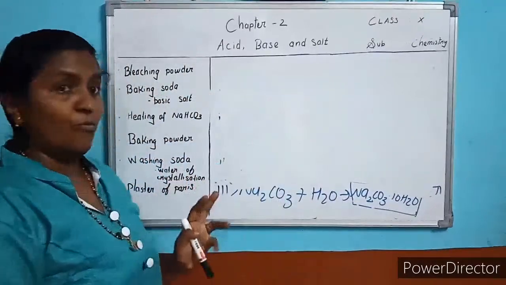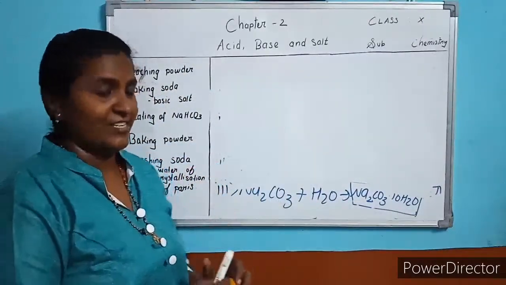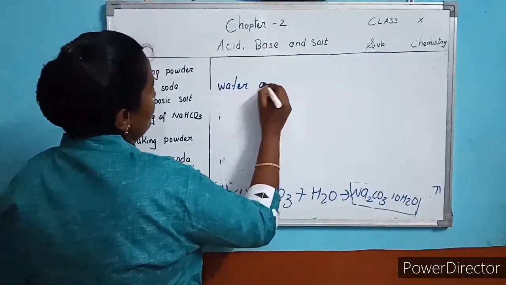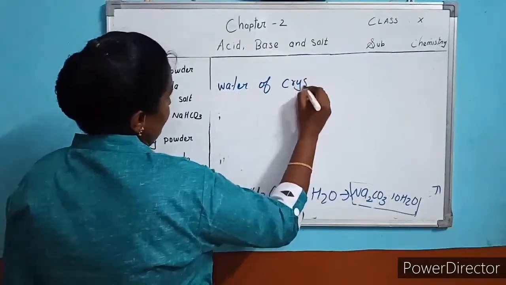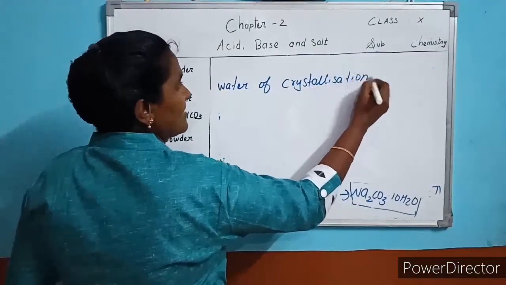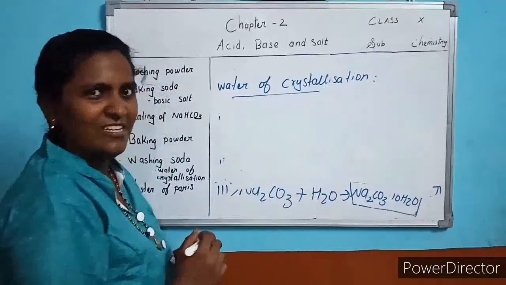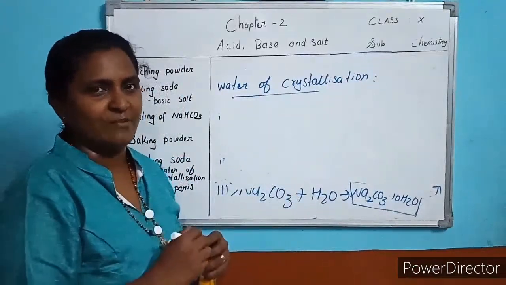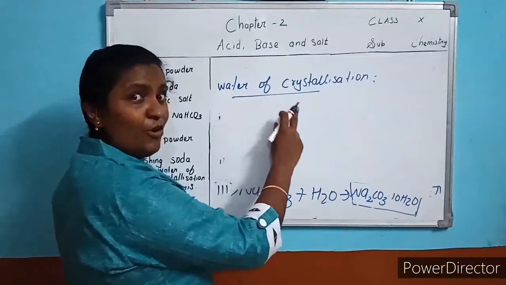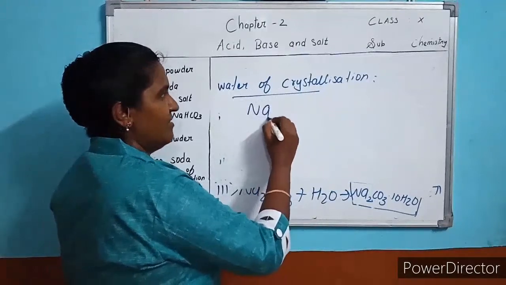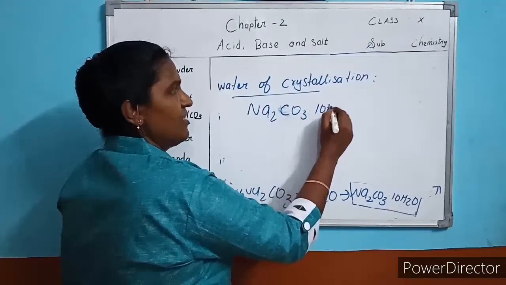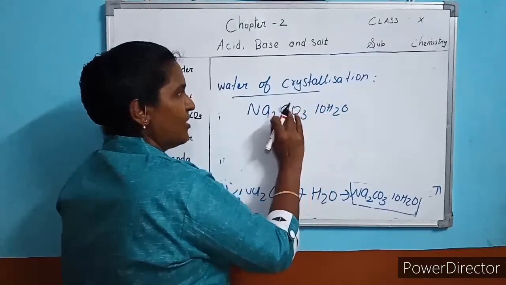Let's move to the next topic, water of crystallization. It is a salt which has a fixed amount of water. This washing powder, or washing soda, is an example of water of crystallization.